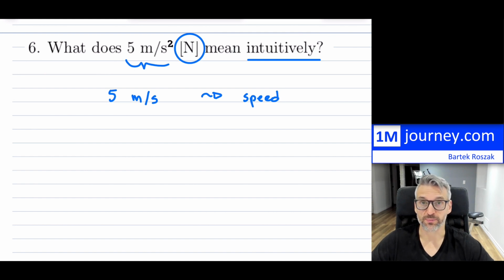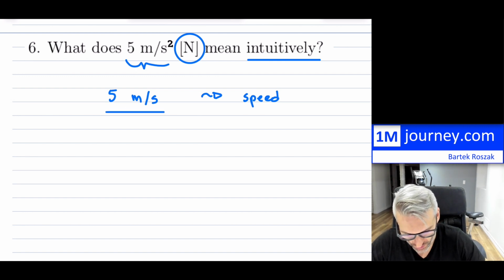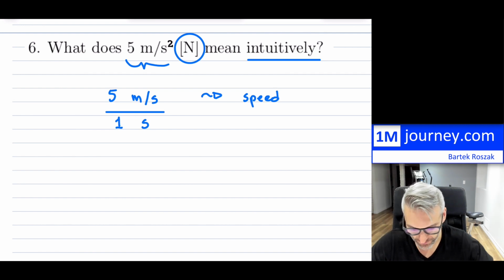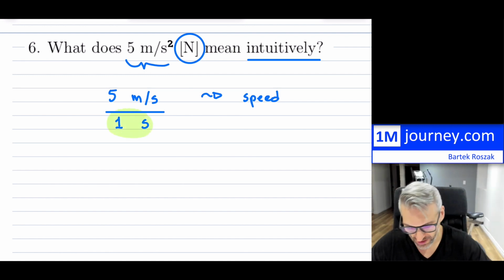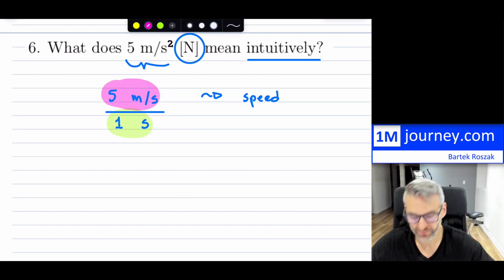Now, because of the squared, I like to rewrite this in this way in terms of intuition, with that extra second. We typically would want to write it like this, but it wouldn't be very nice to write it. But this gives us much more of an intuitive sense. What this is saying is that every single second that passes by, our speed is going to be increasing by 5 meters per second.